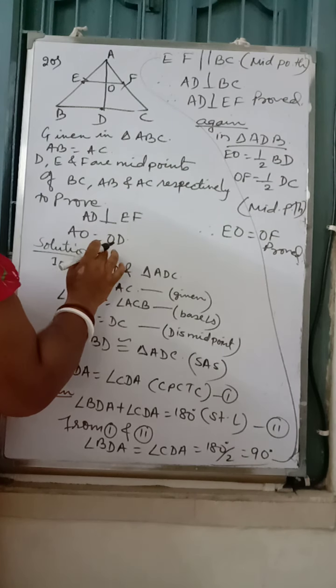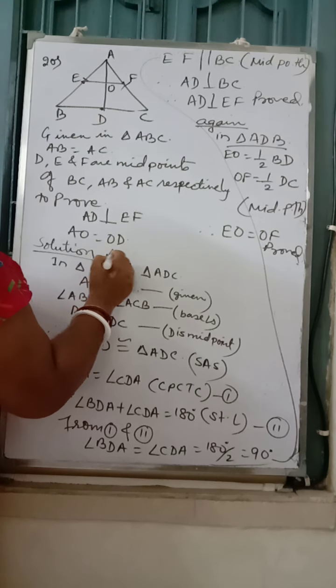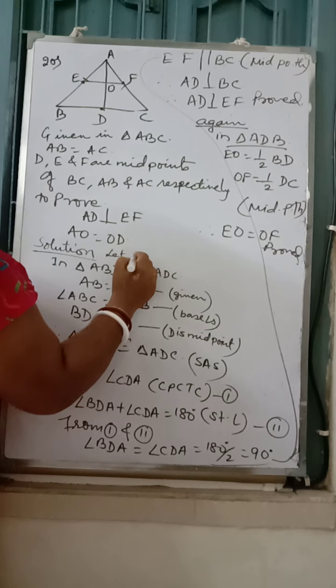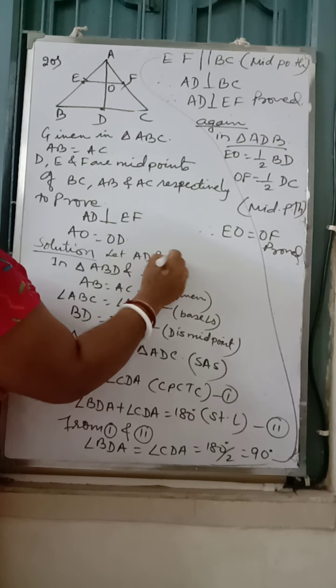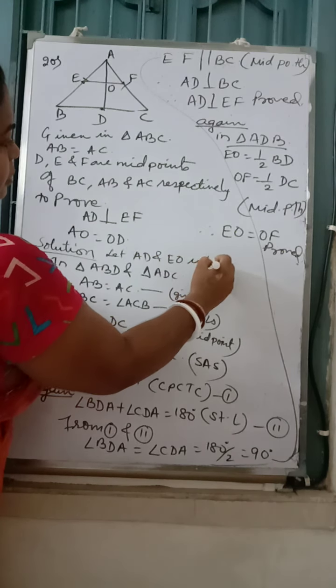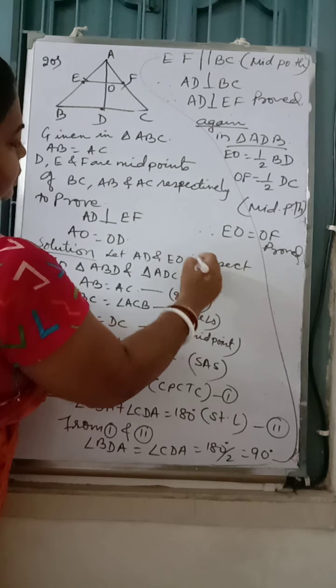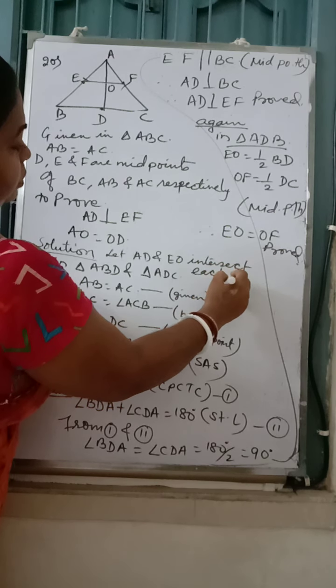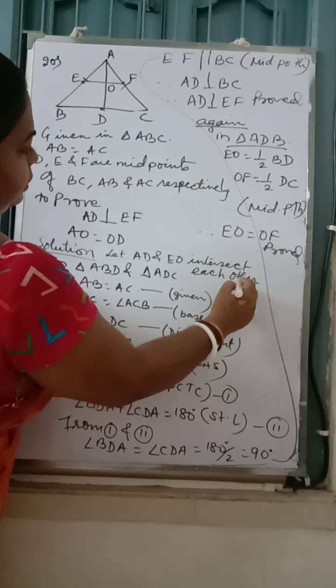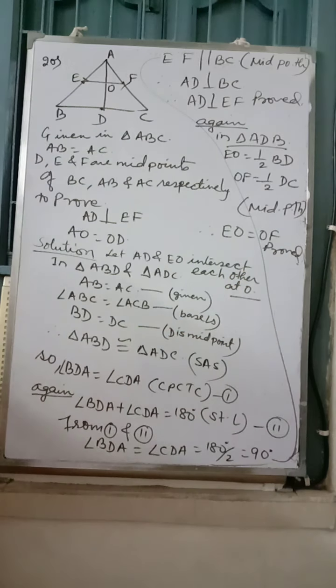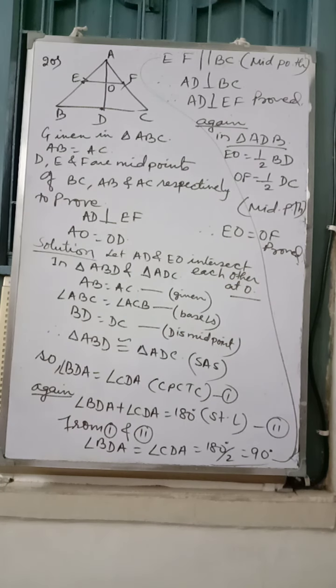Maybe here you write one line: let AD and EF intersect each other at O. That we have not written, because that intersection point is not given.